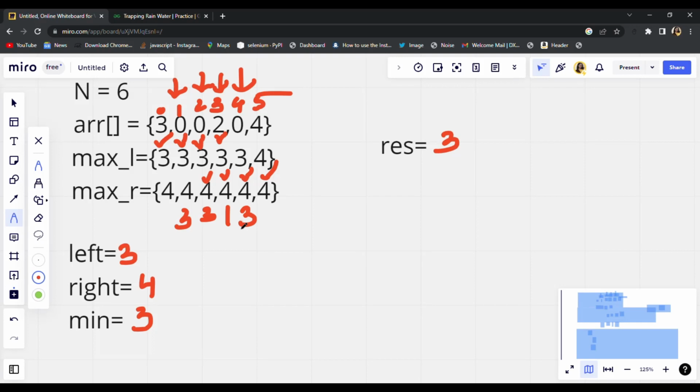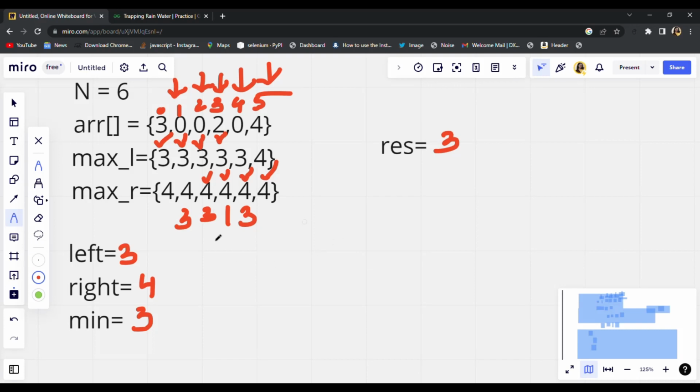Okay, so now we'll proceed to the next index, which is the fifth index, the last index. In the last index, as we discussed, there's no possibility to store water because there's no right boundary for the last index, right? So here we are going to stop processing.